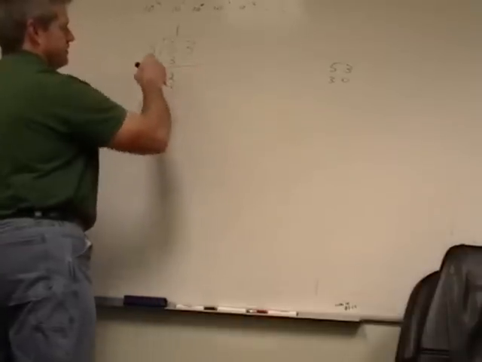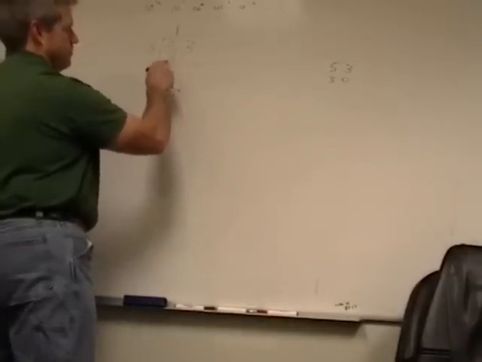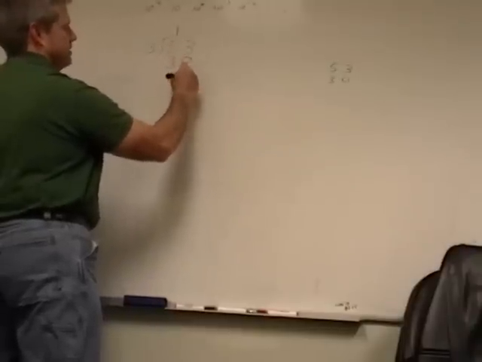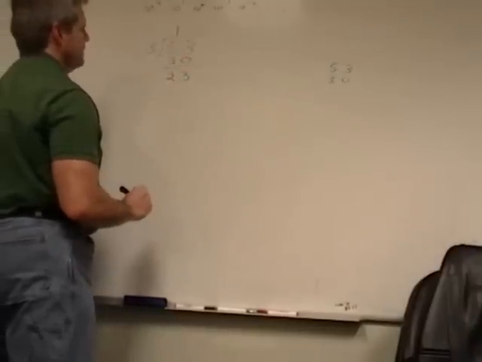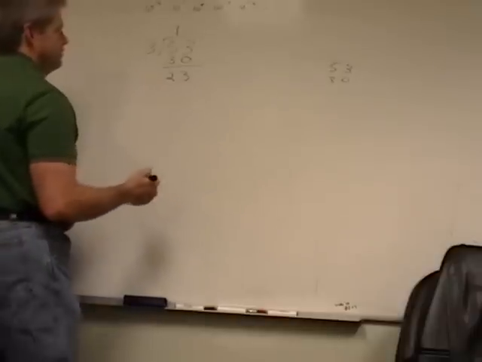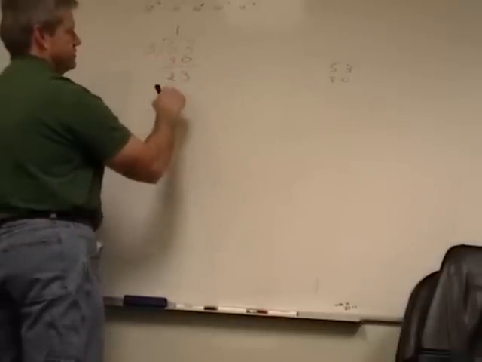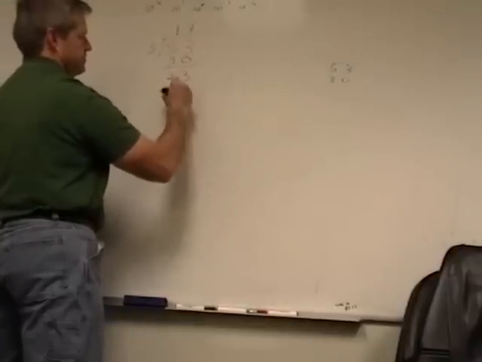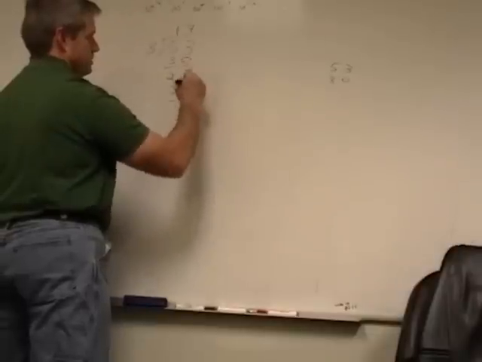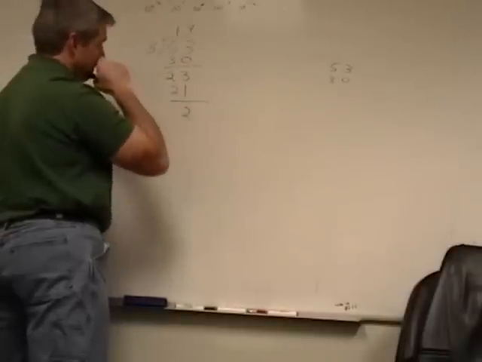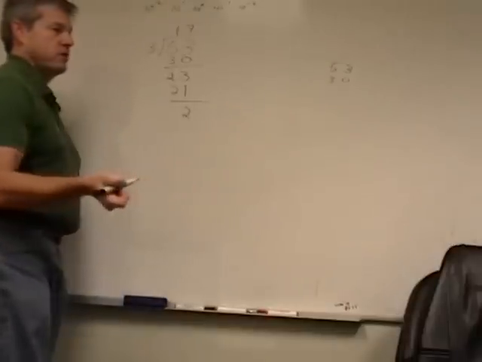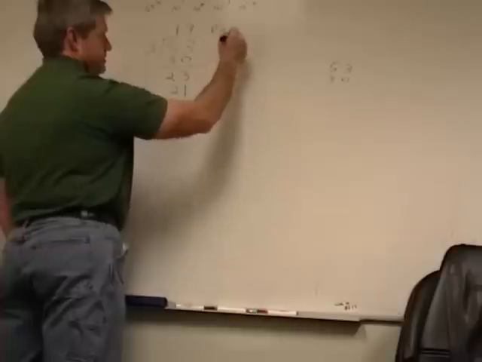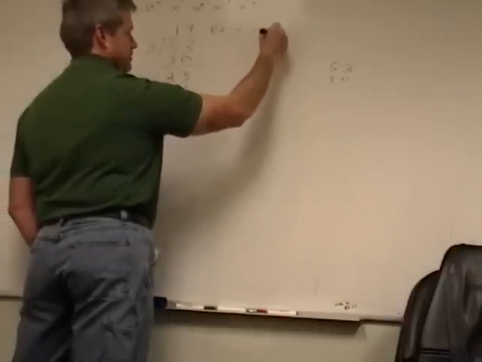What we've really done is we've said 30 goes into 53 one time, 30, and we subtract and get 23. Now I know that 3 goes into 23 7 times. 7 times 3 is 21. I subtract, there's a 2. And we can say remainder 2, which is equal to 17 2/3.